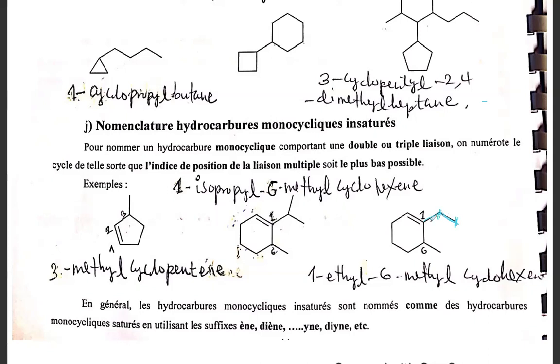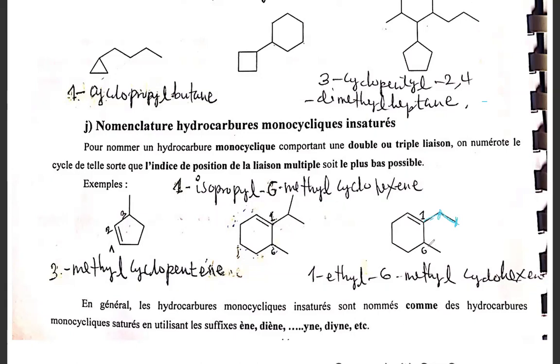Now you remove 1 hydrogen atom and it becomes a substituent or an alkyl, and it's going to be called ethyl. So ethyl will be the first substituent at position number 1, and methyl is the other substituent at position number 6.